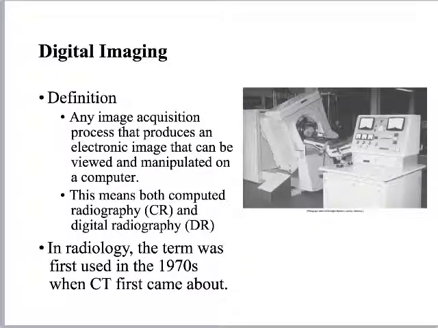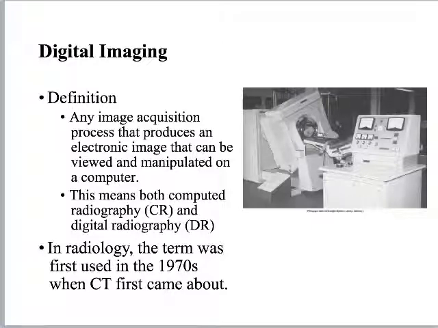Okay. So let's define digital imaging. This is any image acquisition process that produces an electronic image that can be viewed and manipulated on a computer. Now notice I did not say any X-ray image. I said any image.